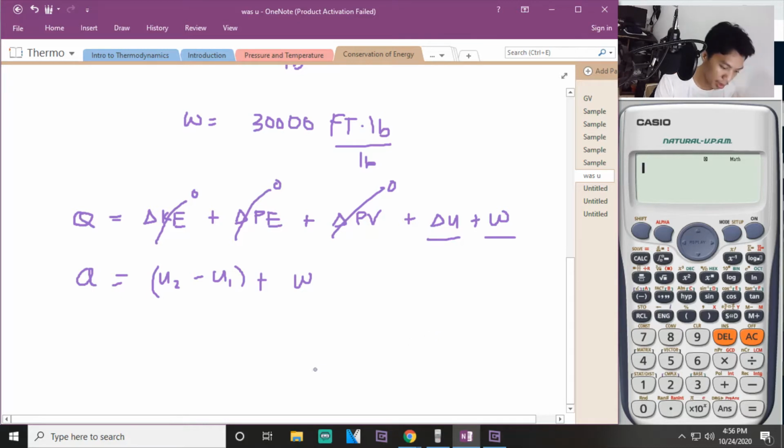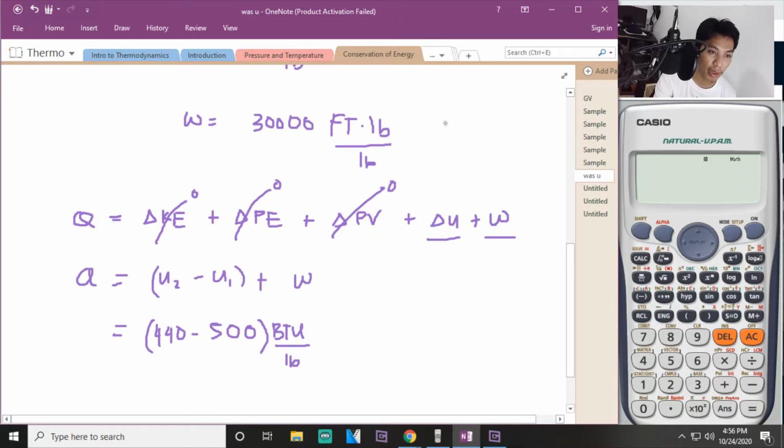What will be the answer here? Okay, so 440 minus 500 BTU per pound. Ngayon, ito naka-feet pound per pound. Di ba ang conversion unit ng feet pound per pound? Recall. 778 feet pound per BTU. Okay, yan ang conversion natin.